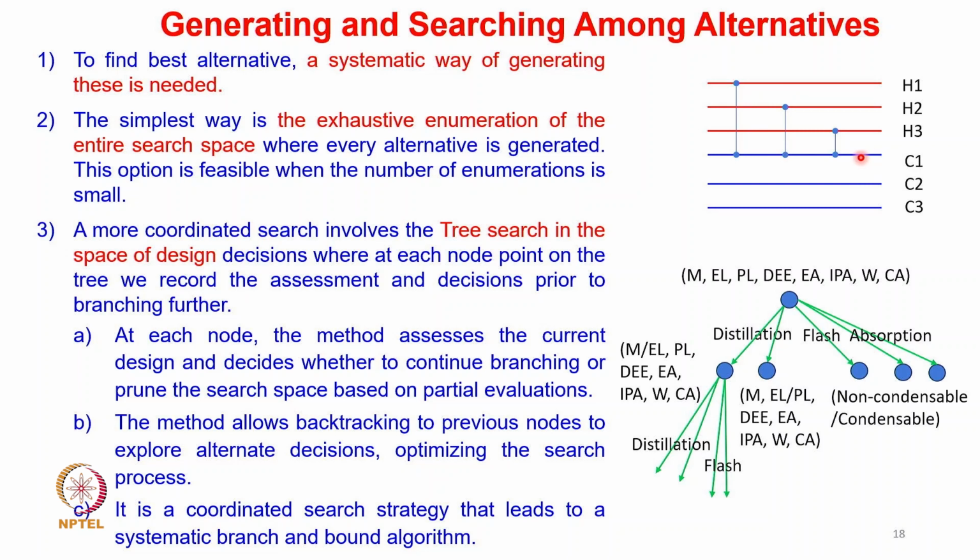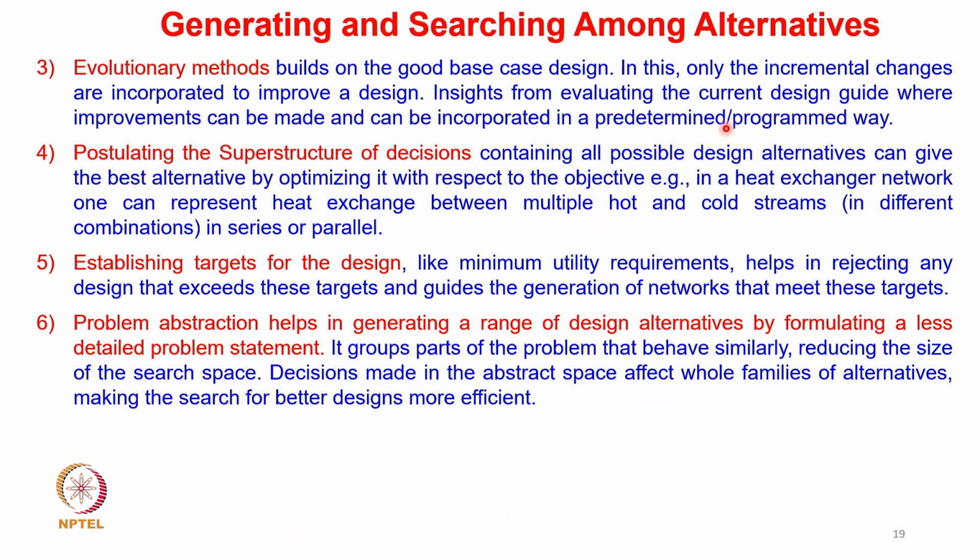So you can see that C1 can exchange it with H3, H2, H1 in a co-current and counter current manner. So clearly the entire superstructure can be formulated, and once this superstructure is formulated, then the best decision can be obtained.